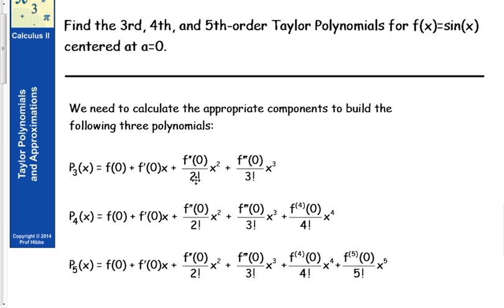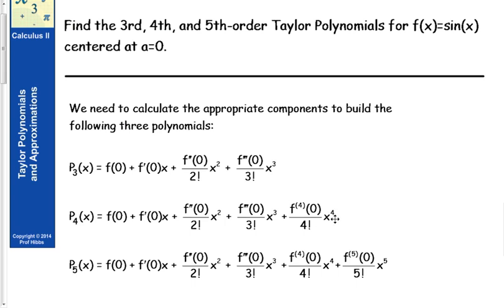Over 2 factorial times x minus a squared, of course a is 0, so just x squared, and then likewise for our third derivative.